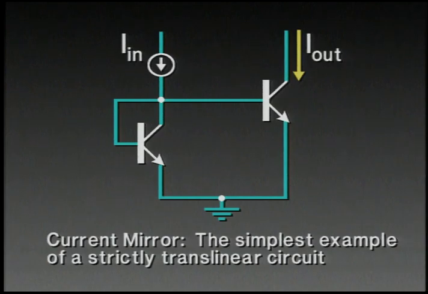But the important point to note here is that there is a closed loop of two junctions in this case, and this is a strictly translinear circuit, and the important idea here is that suddenly we don't have to concern ourselves with voltages. We really are not at all concerned with the absolute value of the VBE of the transistor in this case, or the two transistors. So in this case we can tell what's going to happen almost by inspection, certainly by familiarity with such a commonplace circuit.